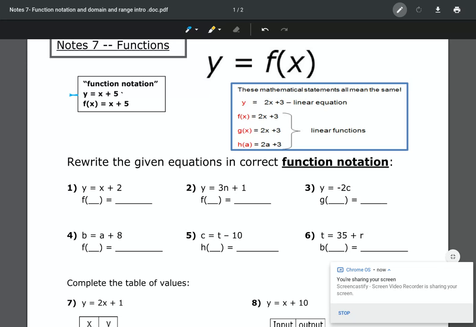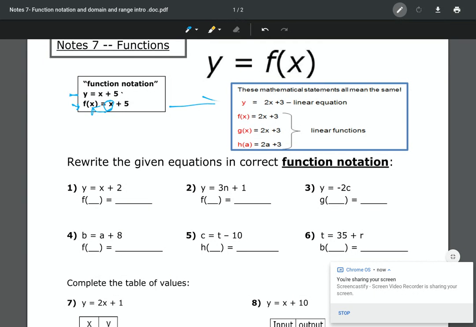Function notation is when you replace y with f of x. So it would read like the function of x right here is equal to x plus 5. Whatever variable is in this equation, that's the variable that will be inside that parenthesis.